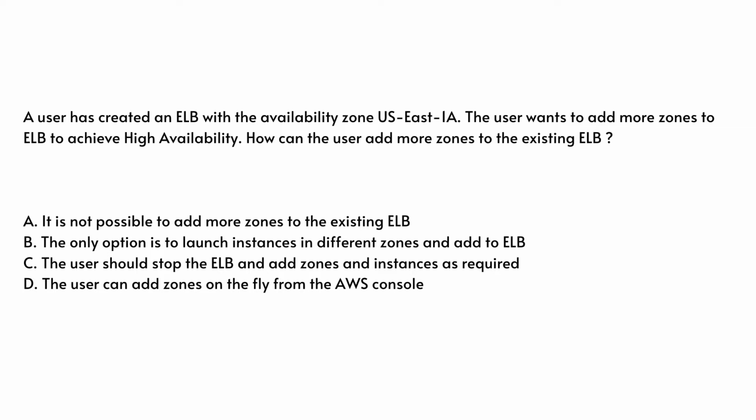Let's move to the next question. A user has created an ELB with the availability zone US East 1A. The user wants to add more zones to the ELB to achieve high availability. How can the user add more zones to the existing ELB? Option A. It is not possible to add more zones to the existing ELB.